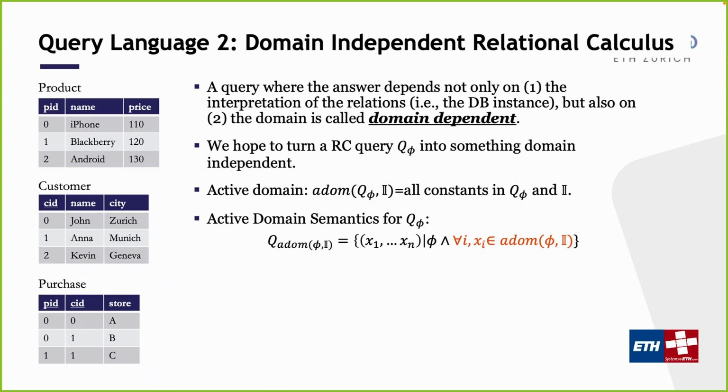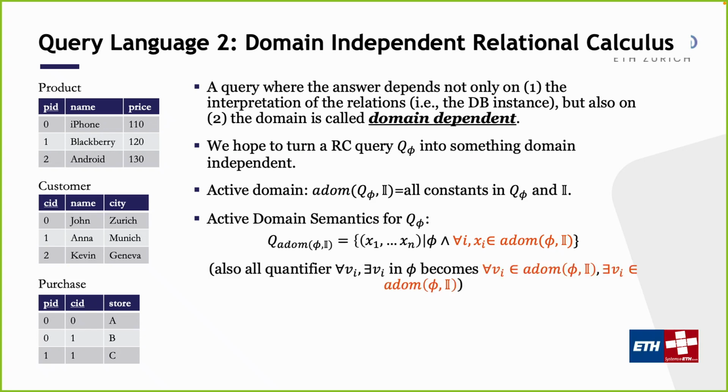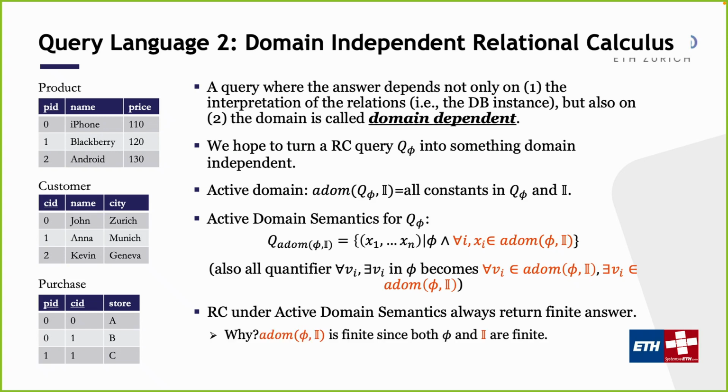So that is a very simple way for you to constrain this. It's very easy to see that under this semantic, your relational calculus query is always going to give you a finite answer. Why? Because you have a finite active domain. In the worst case, you get all the tuples in the finite active domain, but that's still finite. This gives you a finite result under this semantic. So it's always safe.